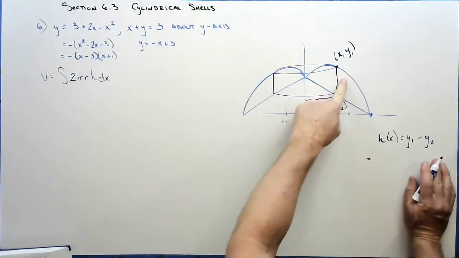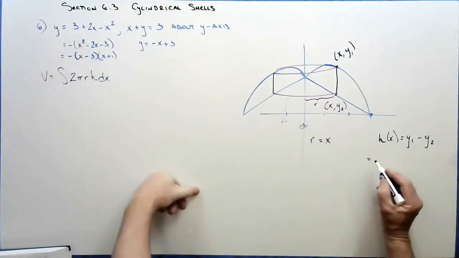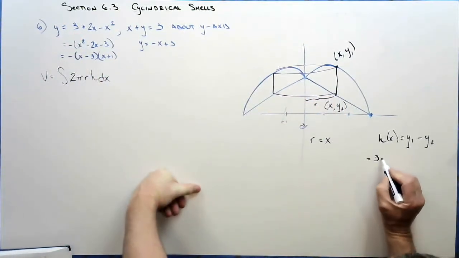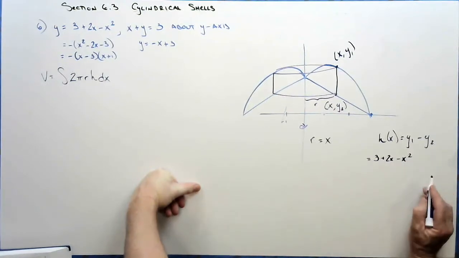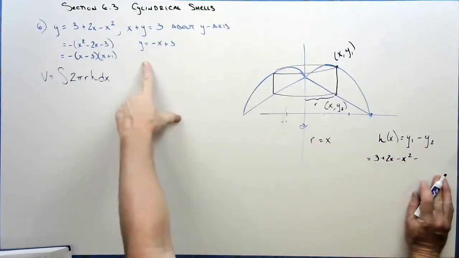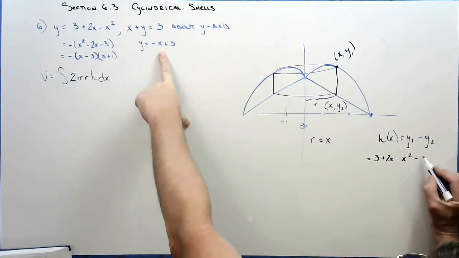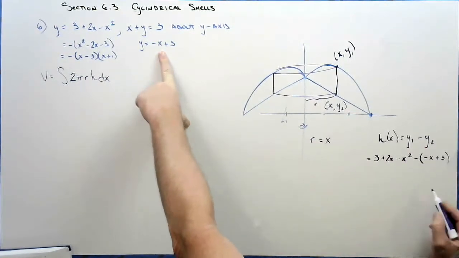We need to know who this y value is. Well, that y value is the parabola. So that's 3 plus 2x minus x squared, minus this y value. Well, that y value is, don't forget your parentheses, minus x plus 3.